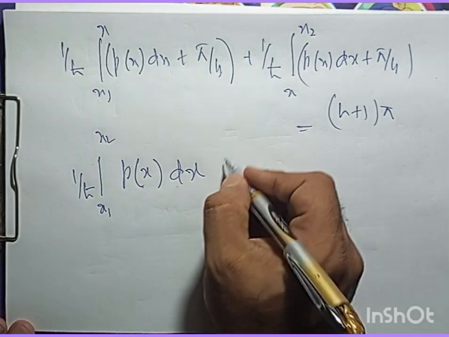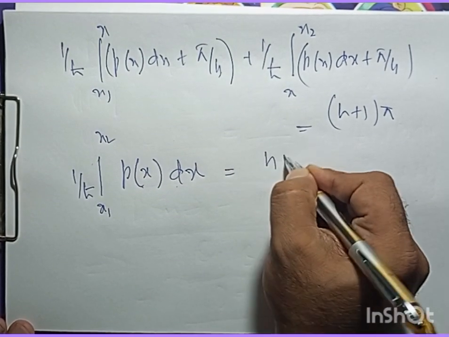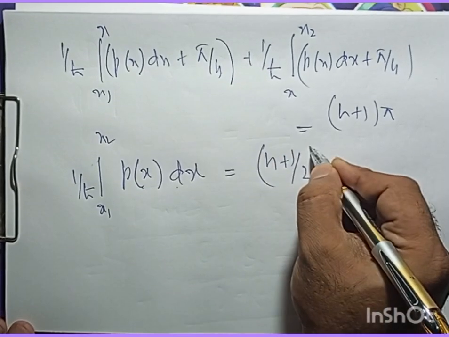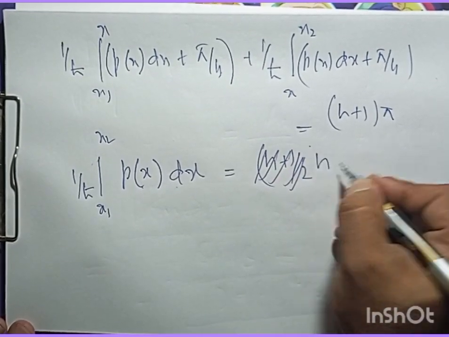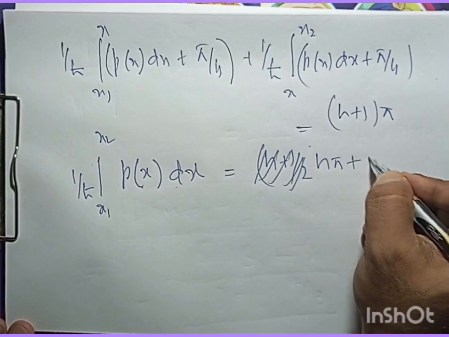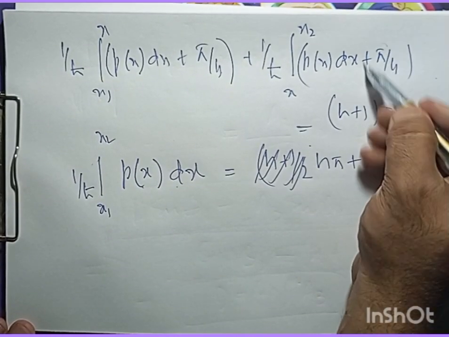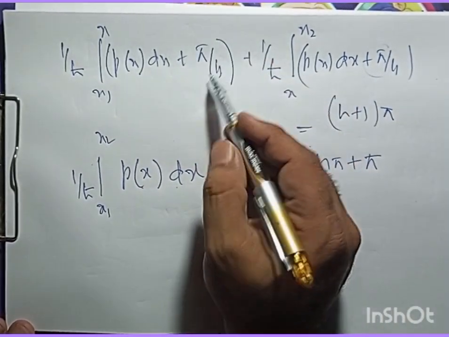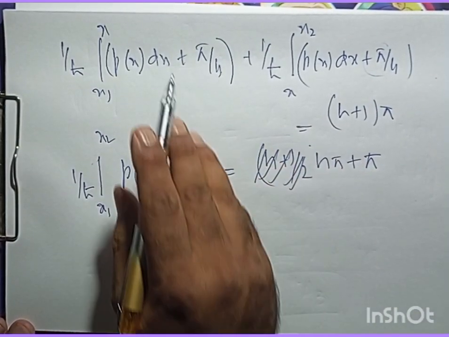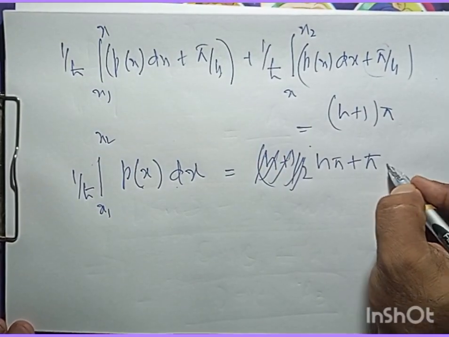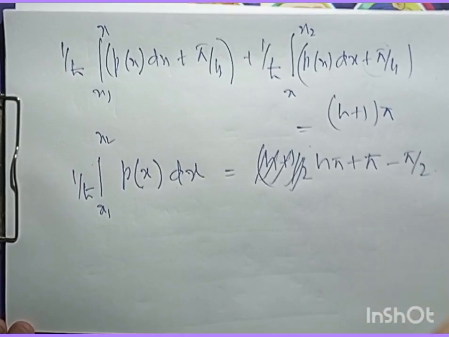This must be equal to n pi plus pi, and pi by 4 plus pi by 4 will give us 2 pi by 4, so pi by 2 will go to the other side of the equation, and we get minus pi by 2.